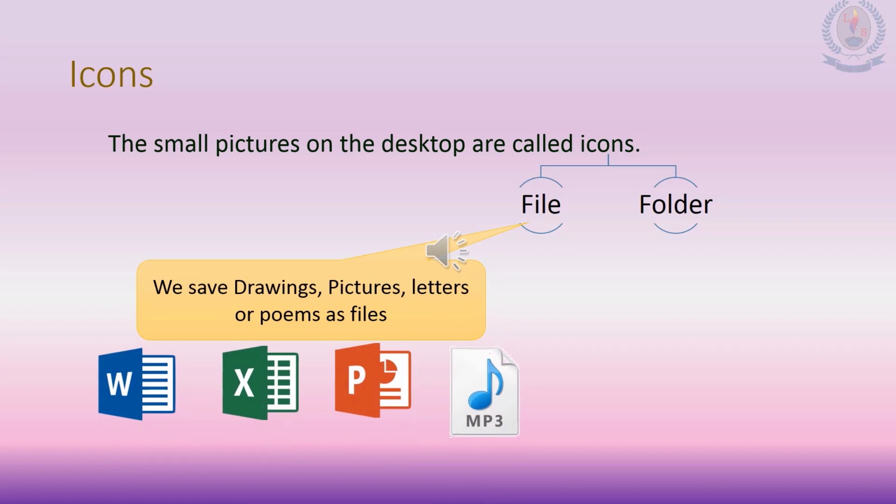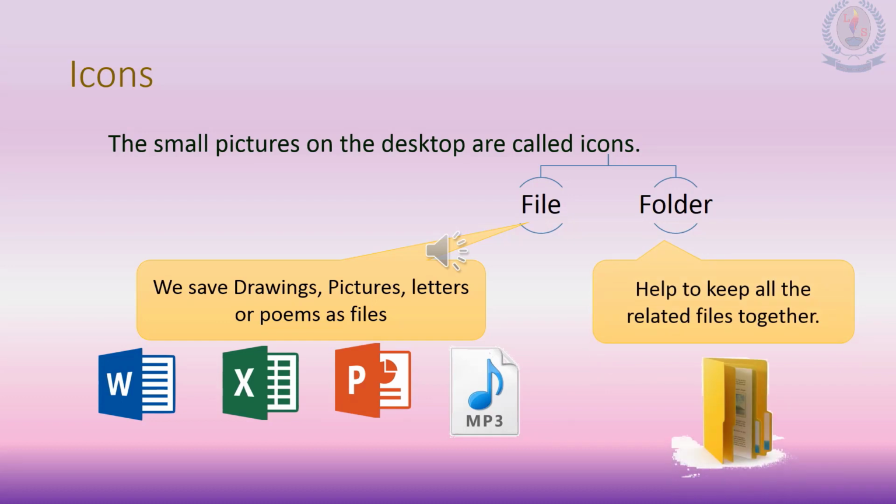Files. The drawings, pictures, letters or poems that we save in a document, we save as a file. Folder. A folder helps us to keep all the related files together.